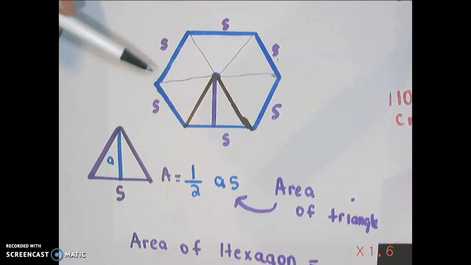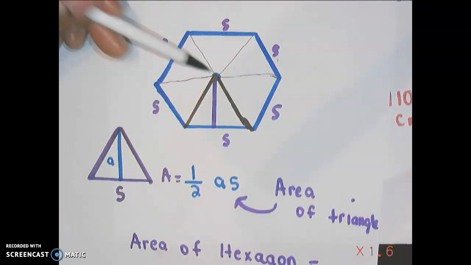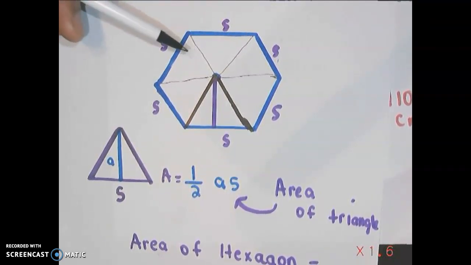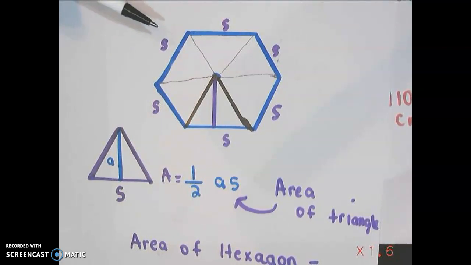Do you see that going from the center to the vertices of the regular polygon, we can create triangles? Since this is a 6-sided shape, I'm always able to create 6 triangles. If it's a 7-sided shape, I'm able to create 7 triangles.